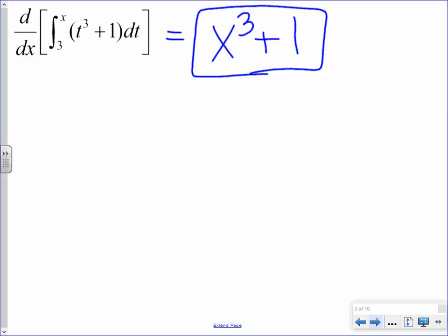Okay, that is using the second fundamental theorem of calculus. Okay, now we could take the long way. Okay, don't write this down, just watch, because I don't want you to think that this is what I want you to do. So just put your pencils down, okay?